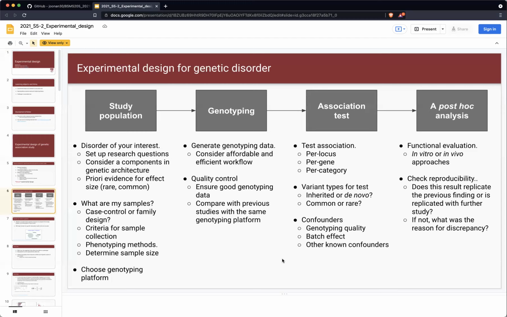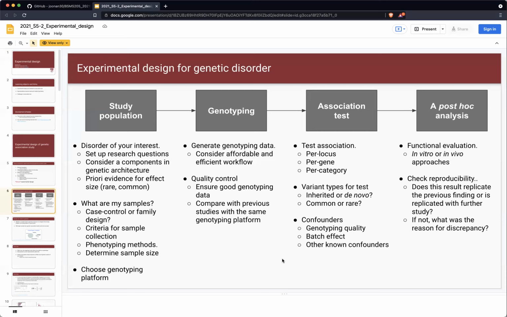Okay, and also an important thing in most studies is that you have to explore previous studies, right? You can look up previous studies and then think about how to connect your ideas to the previous evidence, for things like rare variants associated with certain disorders, or common variants associated with certain disorders.